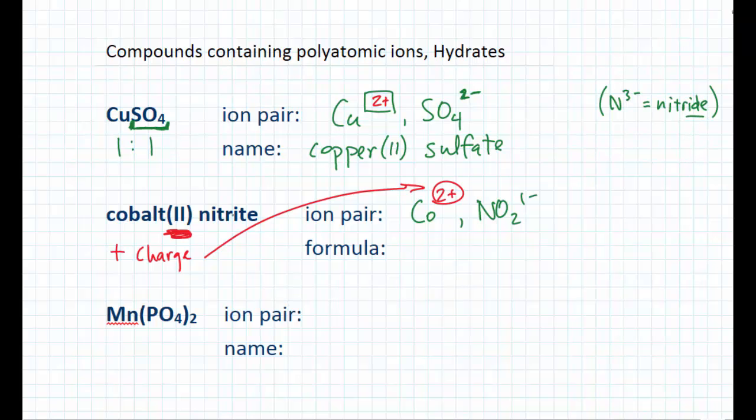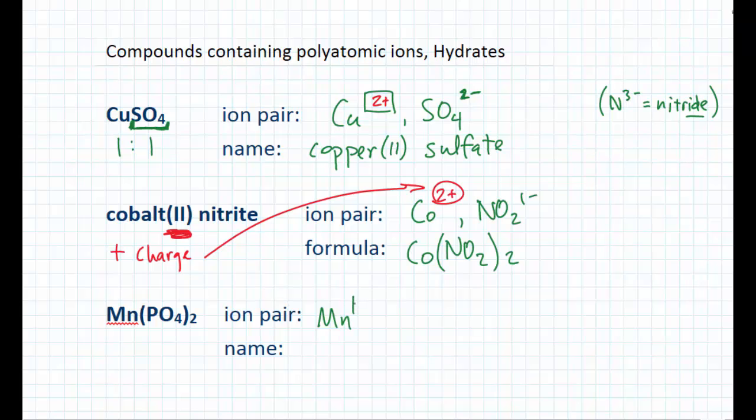So CO for the formula, CO(NO2), parentheses 2. There you go. Make sure in your formula all of your numbers are down in the bottom. Should have no numbers up on top here because those are for the charges. Neutral formulas have no charges.